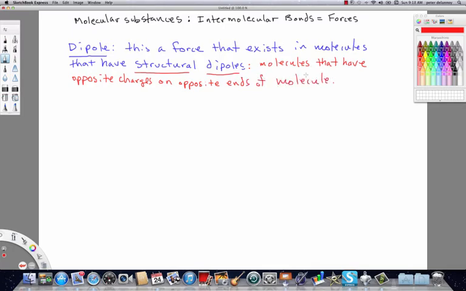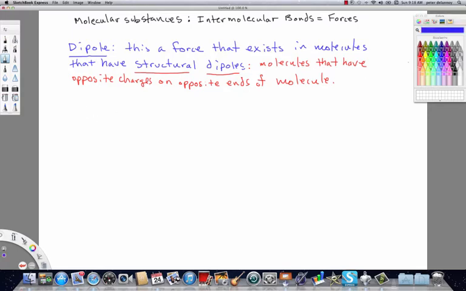So again, structure is really going to play an important part in determining whether or not a molecule is a dipole or not, or for example, whether it's a hydrogen bonder. Because remember, an H bonder is a specialized dipole. The dipole is a molecule that is not a hydrogen bonder. However, it has opposite charges on opposite ends of the molecule.